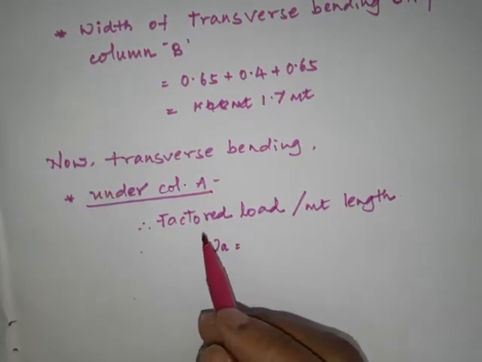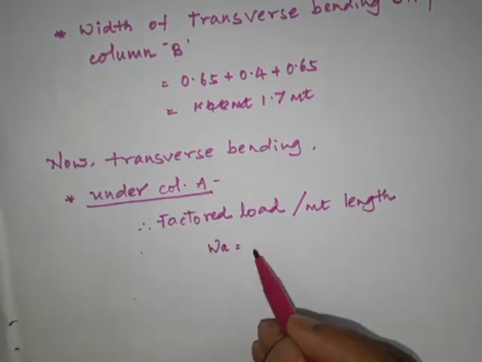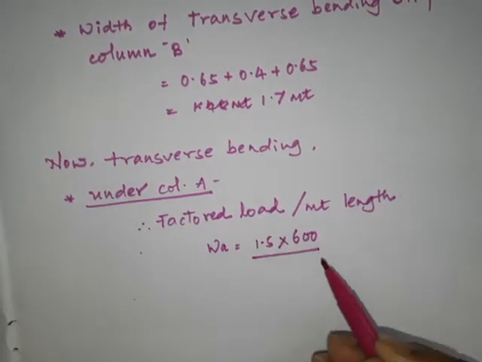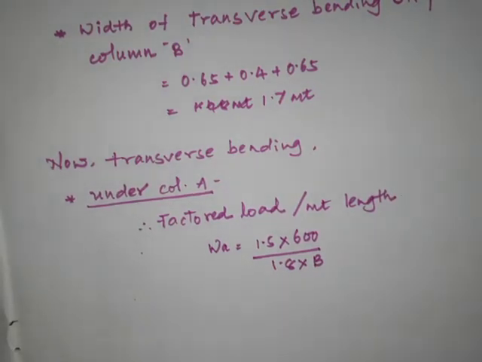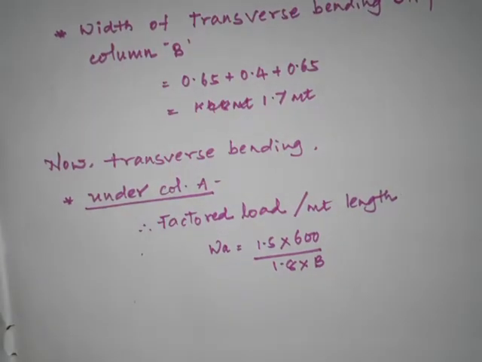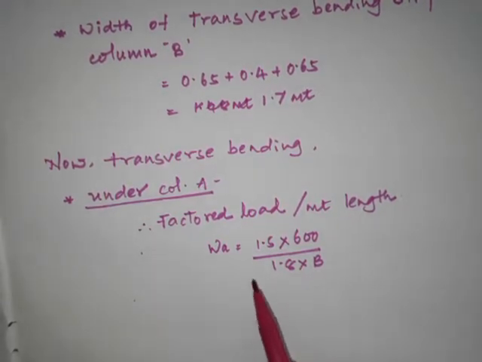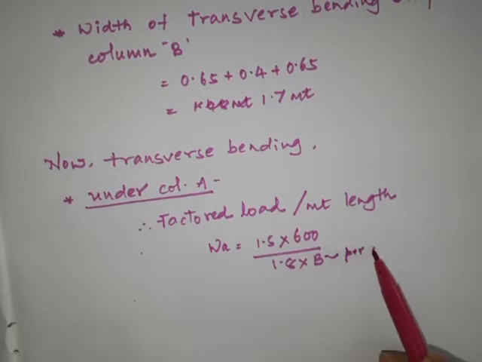So WA, the load acting over the column, is 1.5 times 600 divided by the width, 1.8 into B. So the factored load per meter length WA, that is the load acting over column A, is 600, so 1.5 into 600 divided by width into per meter length, that is B. So this is per meter length, don't get confused.